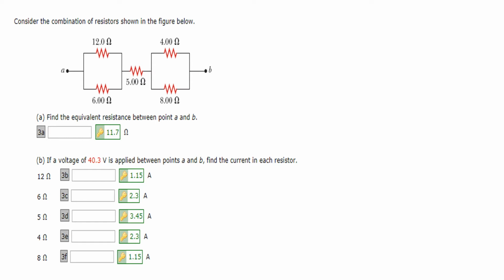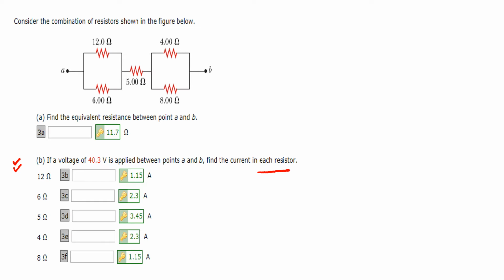Now let us proceed to question B. If a voltage of 40.3 volts is applied between points A and B, find the current in each resistor. Now this question may be a little bit tricky, but once you get the hang of the trick on how to solve this problem, everything becomes very easy.